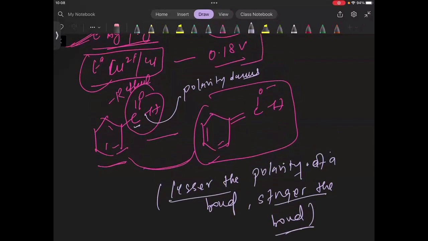Because due to the resonance, the electron density increases here. So the polarity decreases, so the strength between the carbon and hydrogen bond will be very, very strong. So it now becomes a very less polar compound, because the electron density increases because of the resonance. So the lesser the polarity of a bond, the stronger the bond.